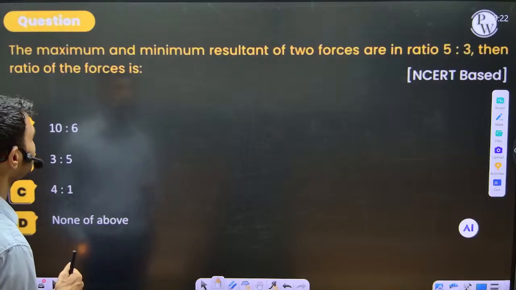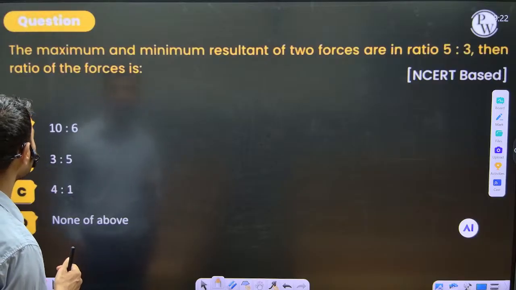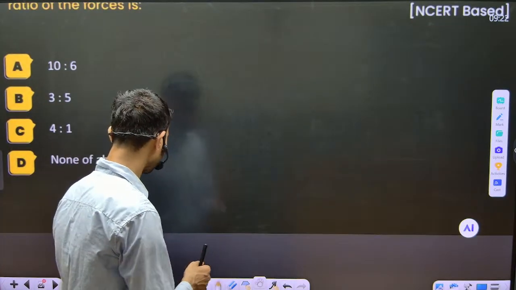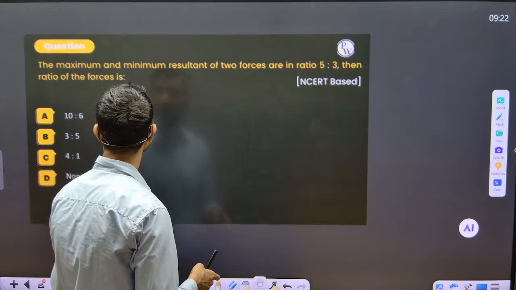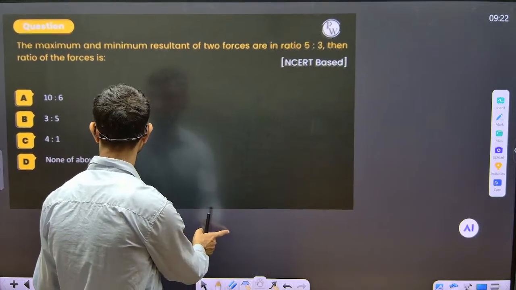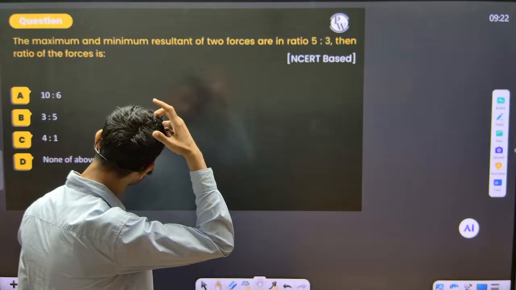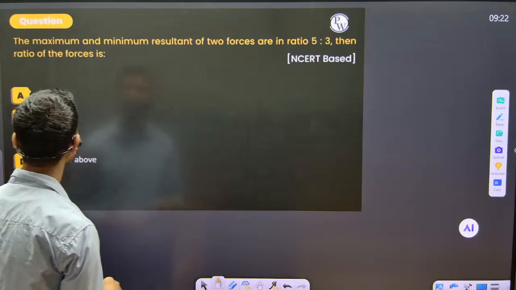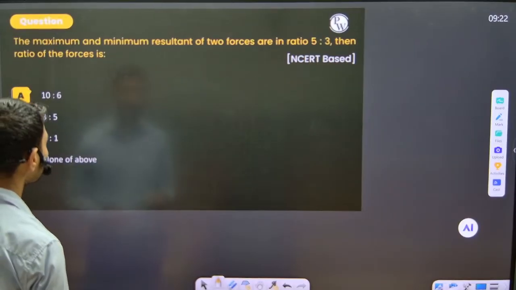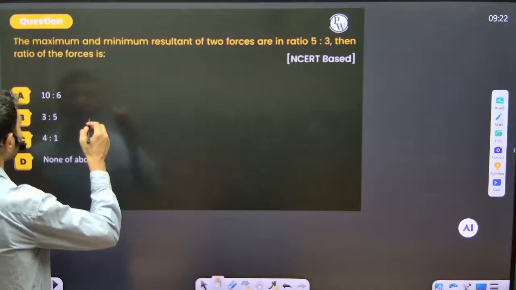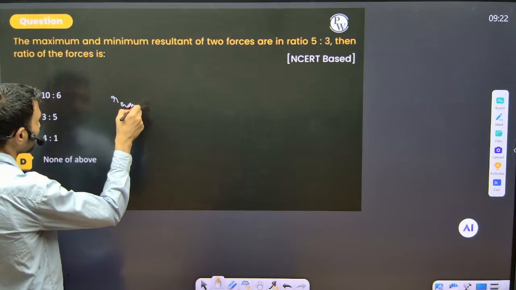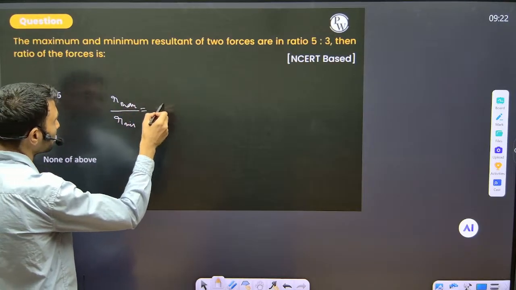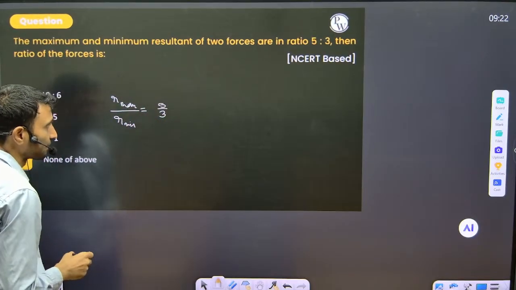The maximum to minimum resultant of two forces is 5:3, then what is the ratio of the two forces? They are saying that R max divided by R min, that ratio is 5/3.